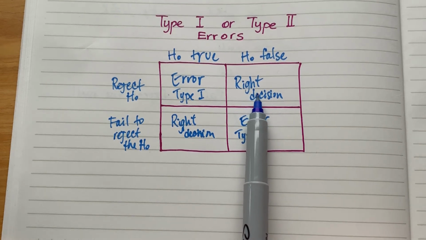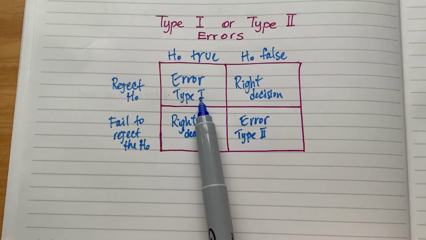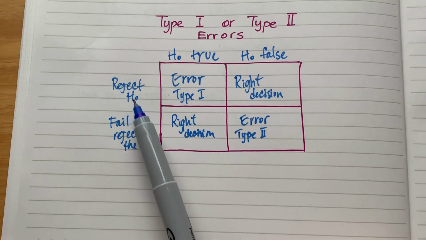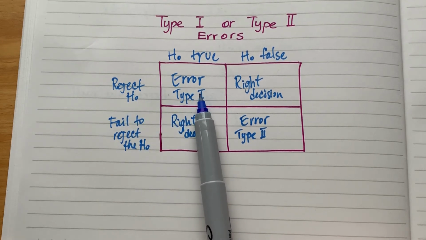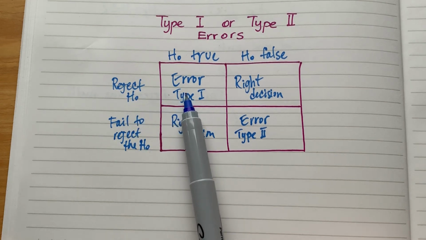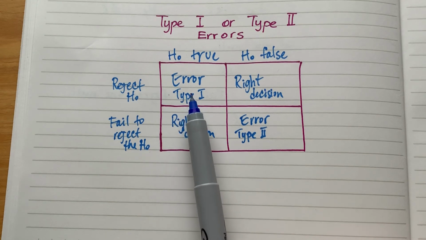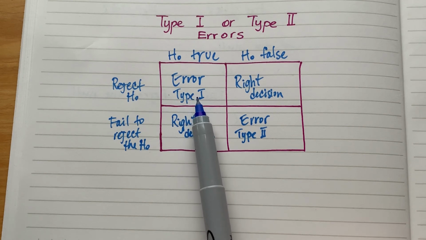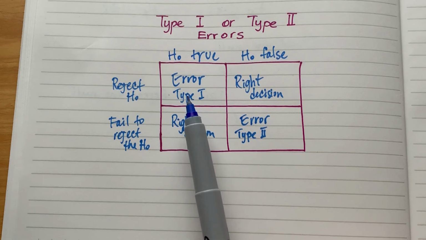But if the person is innocent, and I have rejected the null hypothesis, then I am convicting an innocent person. This is an atrocity that happens, and it does happen. There are hundreds and thousands of people that this happens to.